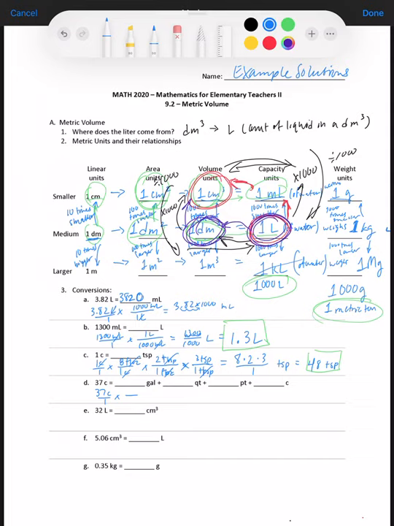Well, how many cups are in a pint? So there's 2 cups for 1 pint. Okay, and when we multiply that together, the cups will simplify, and we take 37 divided by 2 pints.